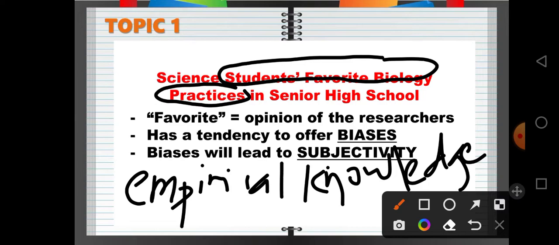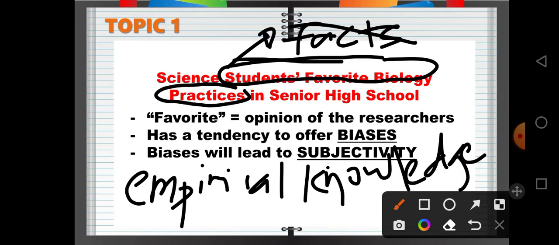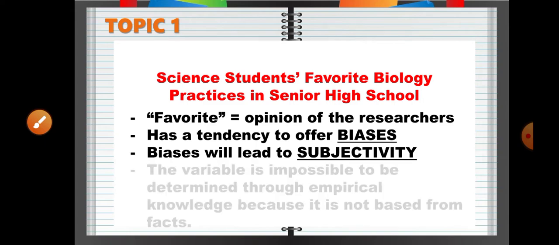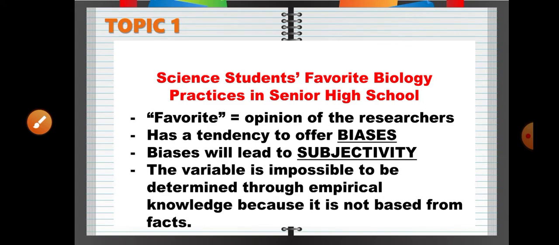Why? Because such a variable does not arise from facts. And remember class that facts are examples of empirical knowledge. So if our variable does not arise from facts, it also does not use empirical knowledge. The variable is impossible to be determined through empirical knowledge.